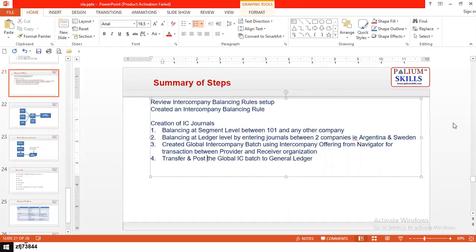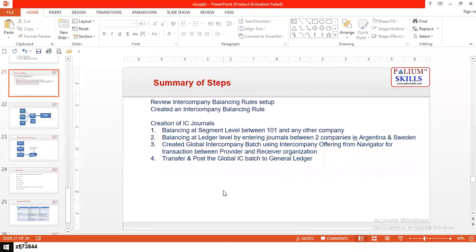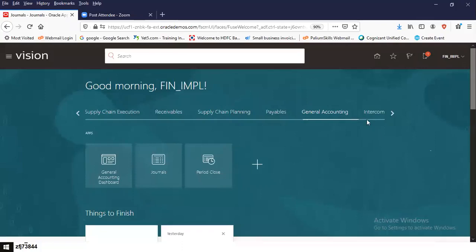Okay, so this is what we did as far as our intercompany transactions were concerned today. Now, one last thing before we close this session is about doing any kind of reconciliation that might be required as far as the transactions go.